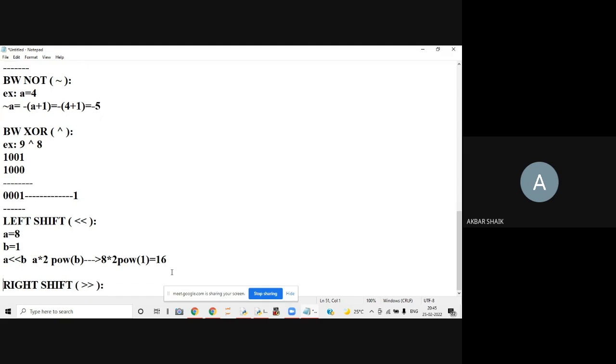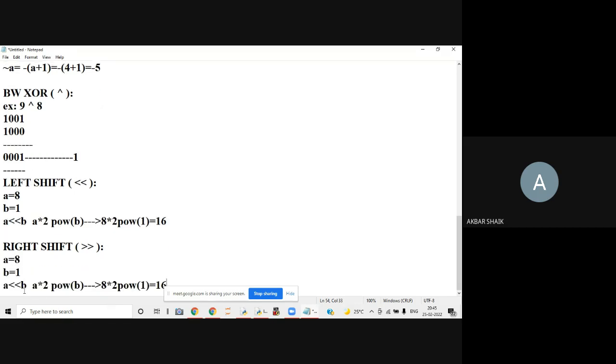Right shift is also simple, but here instead of multiplying, we divide. So A right shift B. Here we just do A divided by 2 to the power of B. So 8 divided by 2 to the power of 1, that is 8 by 2, which is 4.